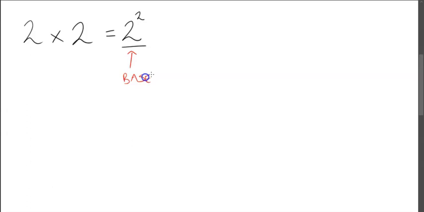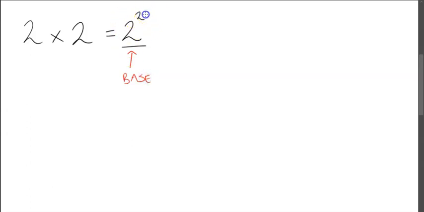When we look into a question that looks like this, 2 times 2, we know the answer is 4, but we also know that this can be written in shorthand notation as this. This 2 here is called the base number. This is the base.